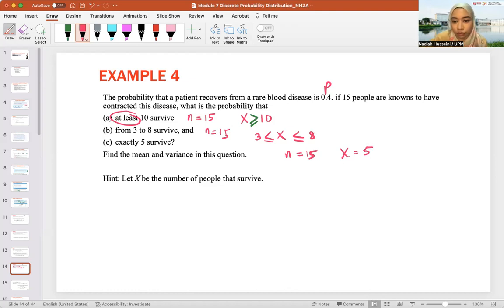So if I were to write this in binomial, let's try to do that. X binomial, and our n would be 15, and our p would be 0.4.